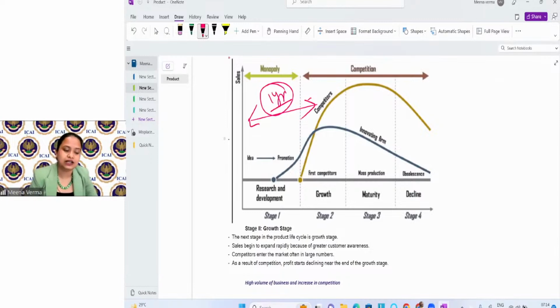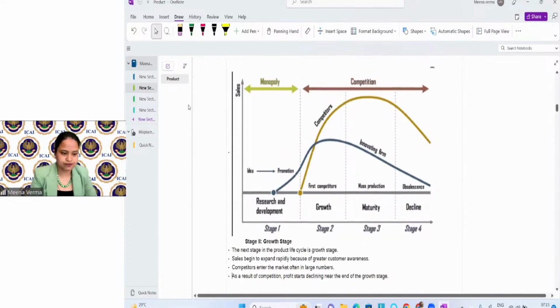For some businesses, this initial stage is 5 years. For some businesses, the stage is short. For some, the stage is long, but every product will have to pass through these stages.